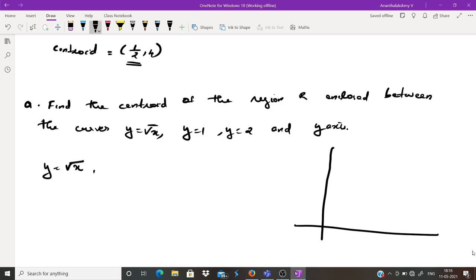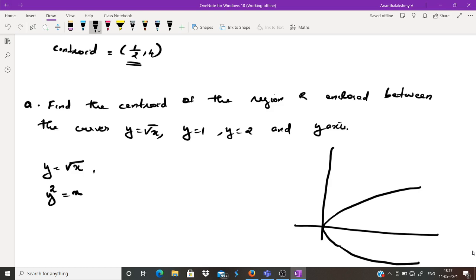So y square equal to x. It is the equation of a parabola opening to the right side of the x-axis. Am I right? So this is the graph of y equal to root x, which means you have to take the upper part only.